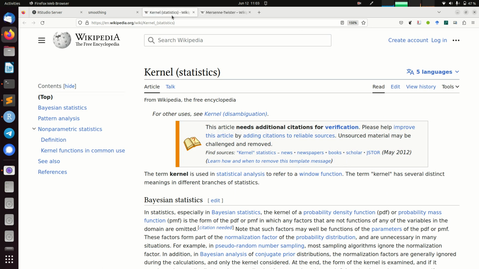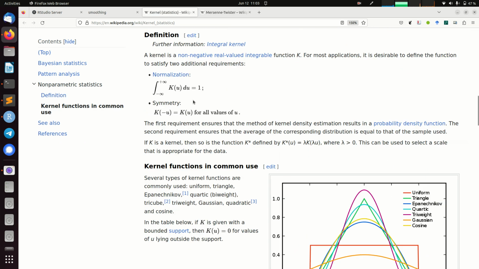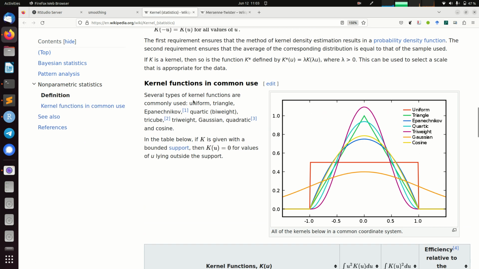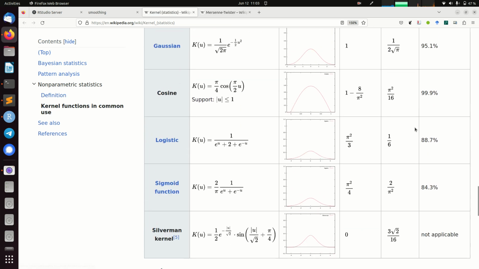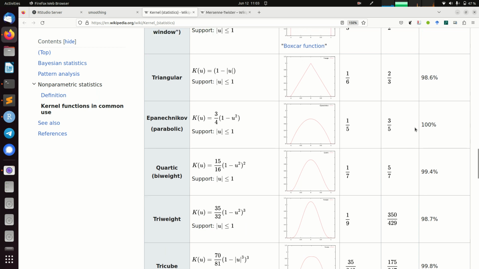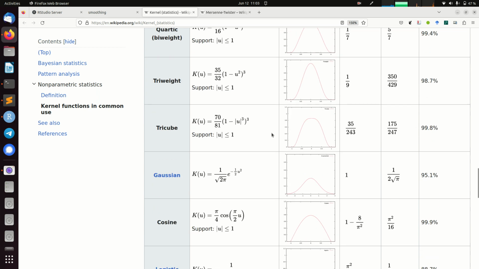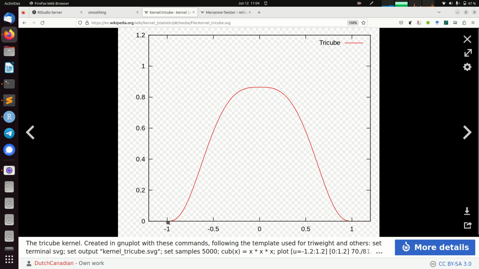And here is a list of all the smoothing kernels that people like to use. And for the smoothing, people like to use this one here, the tricube kernel, which is missing in the picture here, but which is somewhere here. And here is the tricube kernel. As you can see, the tricube kernel has this nice property that its support is exactly from -1 to +1.